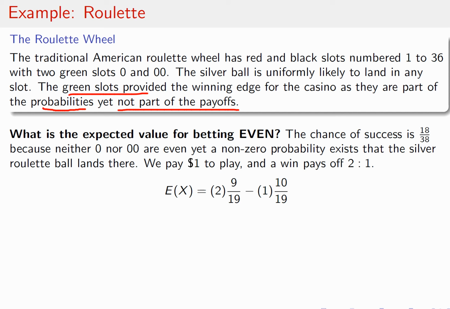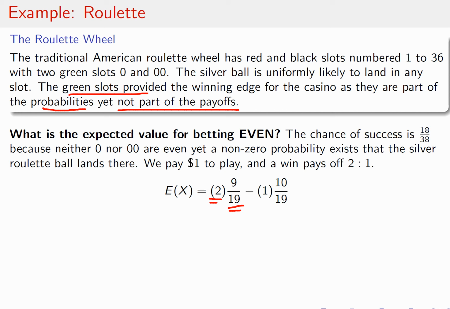So, what are we writing for our expected value formula? Well, you win positive $2 if you bet evens and it actually comes up even, and that happens what? That happens 18 out of 38 times. Okay, which reduces to 9/19.